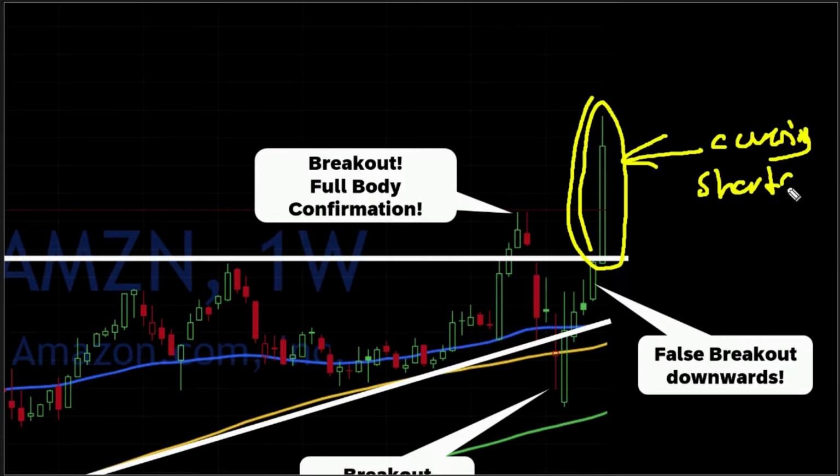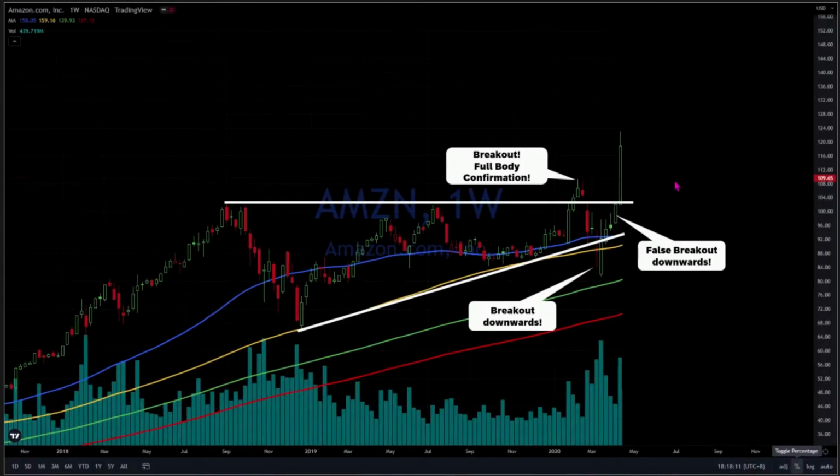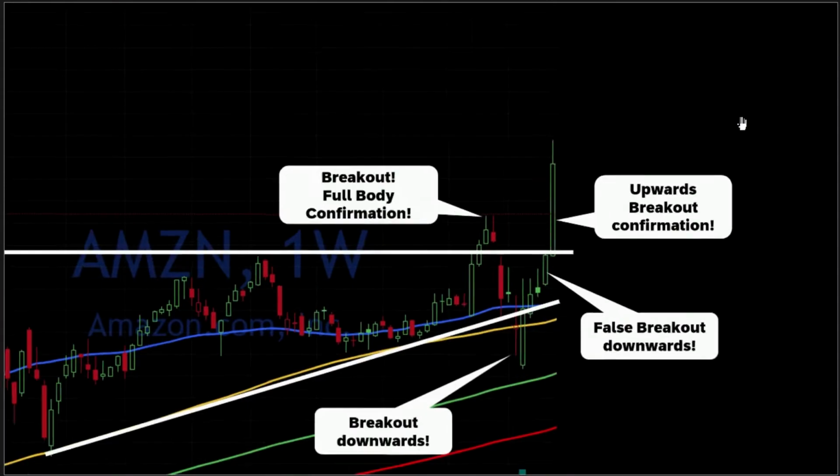For those who have not set automatic buy orders or stop losses, they cover their shorts right at this candle in panic. That's why you see there's a huge spike upwards, providing momentum for this upward breakout.